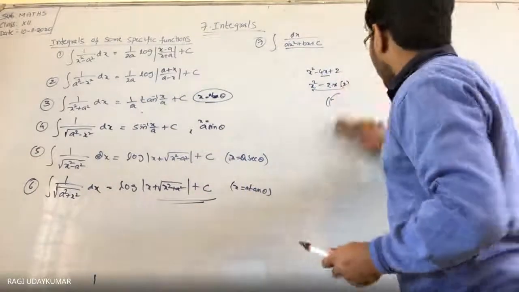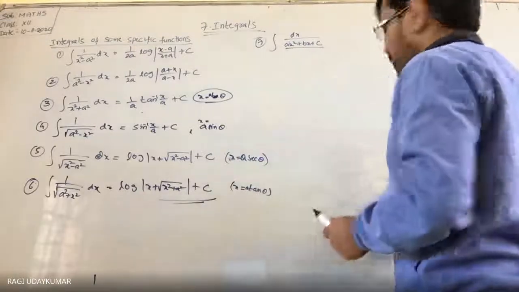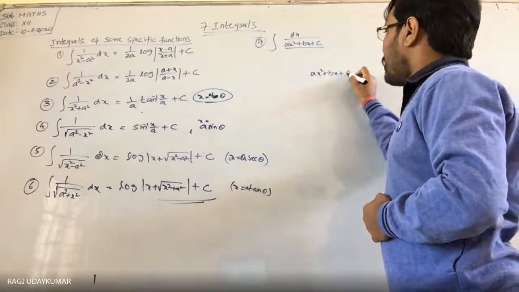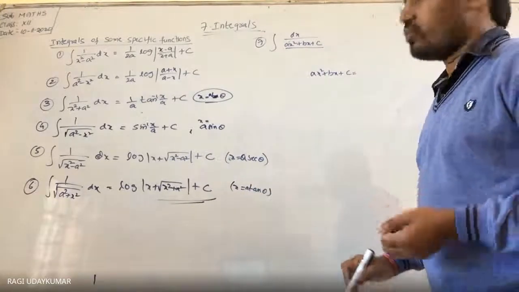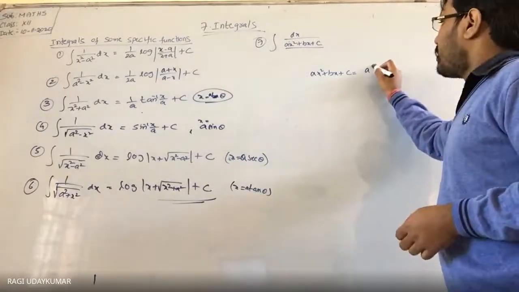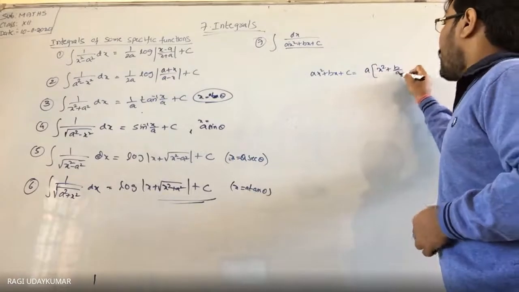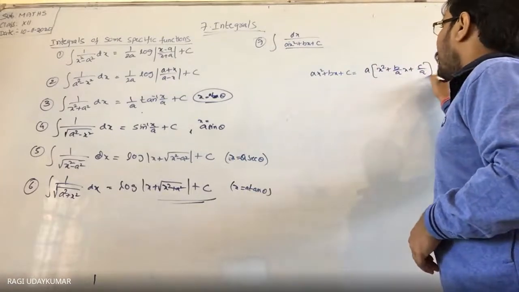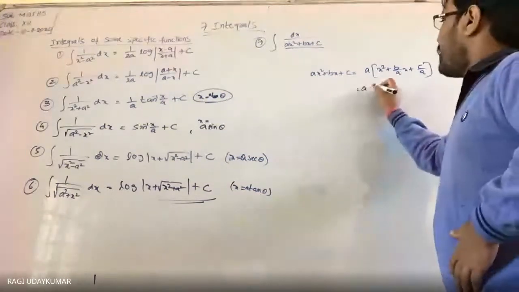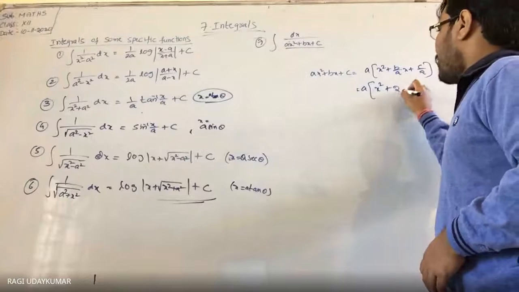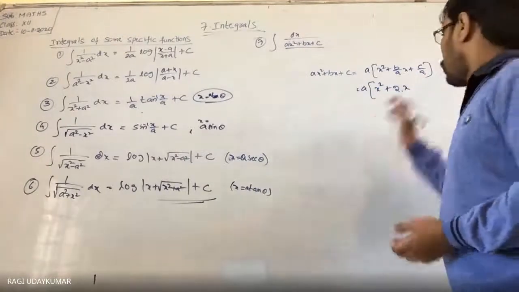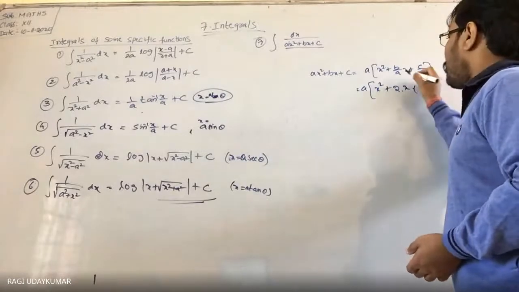Suppose this is only given to you as it is, how do we do it by the completing square method? Suppose only ax square plus bx plus c is given to you. How can we do it? First take a common from this. So a times x square plus b by a x plus c by a. Now completing square method means x square is there, 2 is to be fixed. Here x is there, write x. 2x is done, but here we have b by a x.